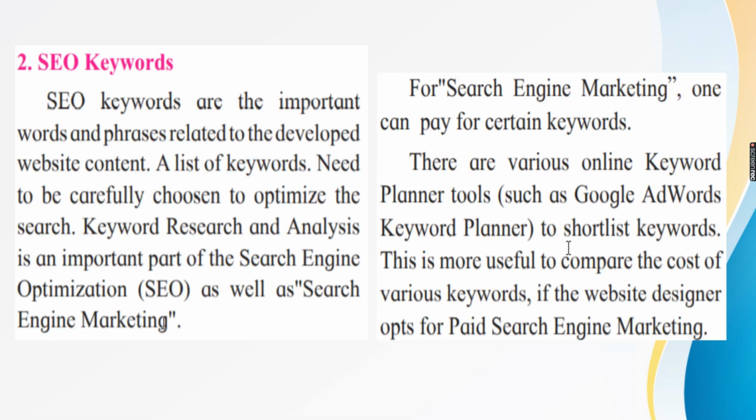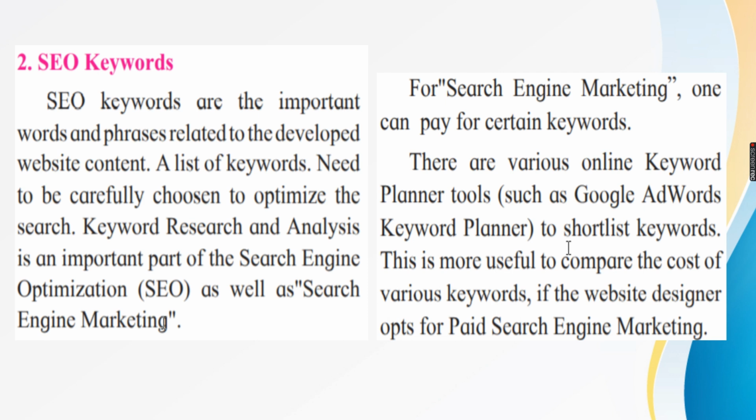Then SEO keywords. Keywords are very important, as I told you, the importance of keywords. You know very well. Okay, so how to understand which keywords are popular and needed by the audience? There are free tools available. See here, it's mentioned such as Google AdWords Keyword Planner.